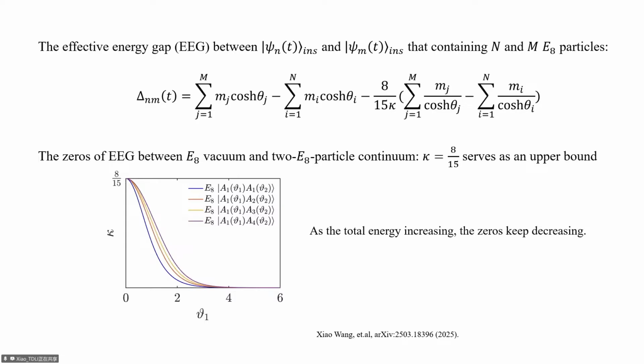If you calculate the zeros of the effective energy gap, the zero-momentum state for the two-particle continuum gives you kappa equals 8/5, and the finite-momentum states will contribute to some smaller effective energy gap.